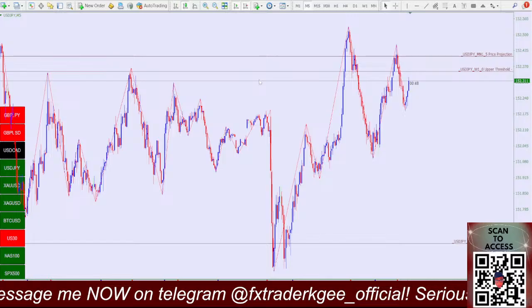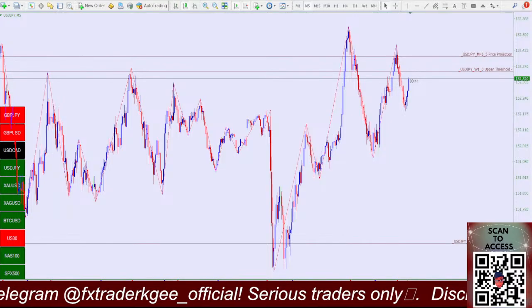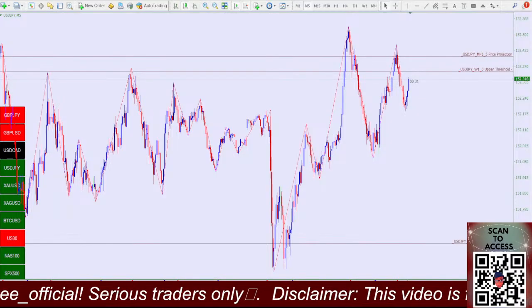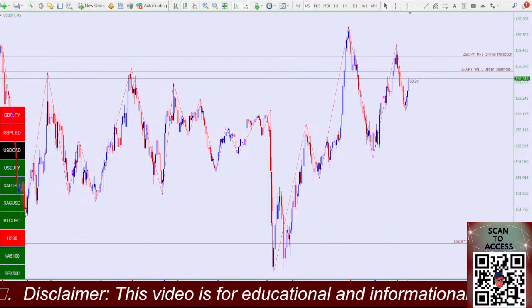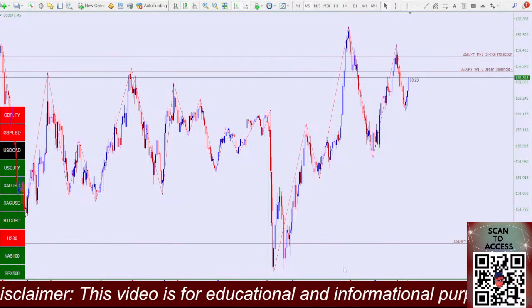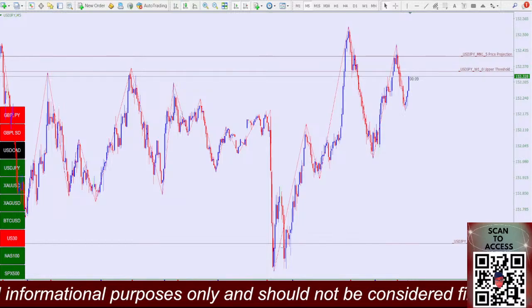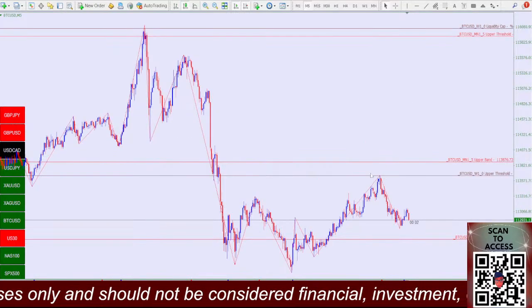It's not, it's just to let me see what the institutions are doing, where the key levels are, where the zones are where price could either stop or bottom. I expect it to consolidate before choosing a direction. All right, sometimes it consolidates before choosing a direction.